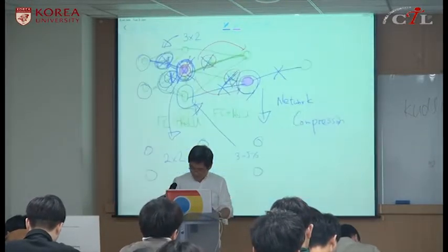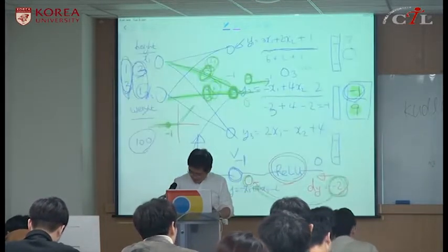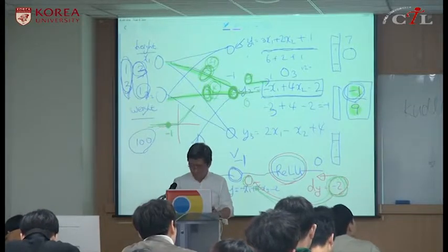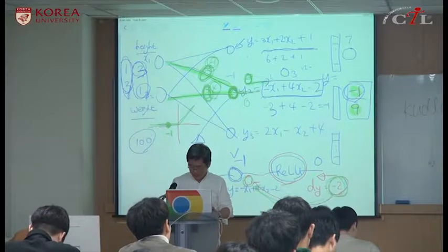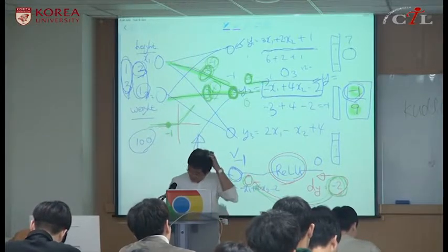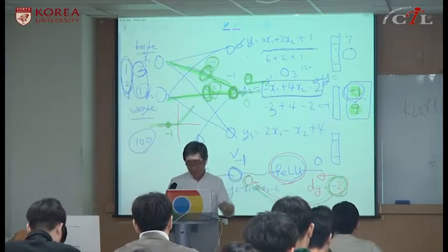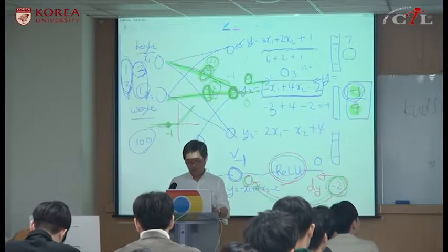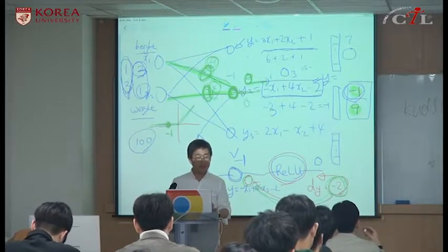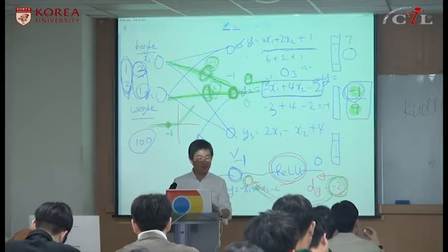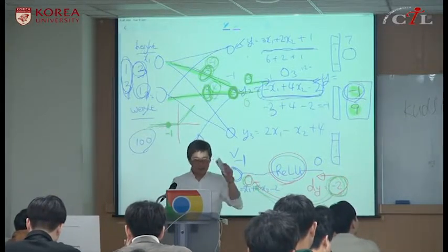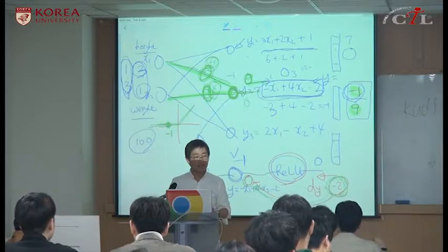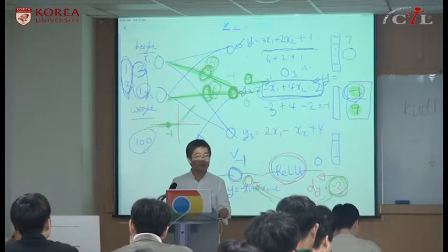Consider this as y. In this case, y is negative x1 plus 4x2 minus 2. So that will be our linear combination. And then what will be the regions that produce a negative output of this linear combination?